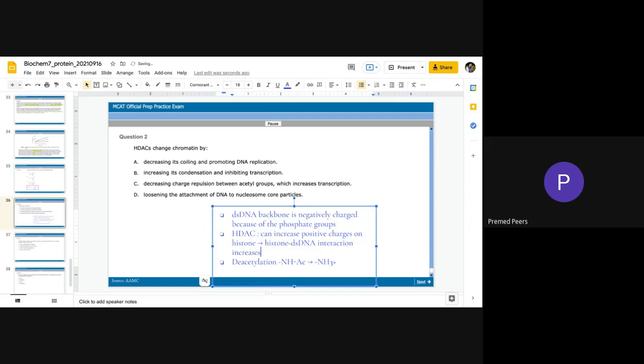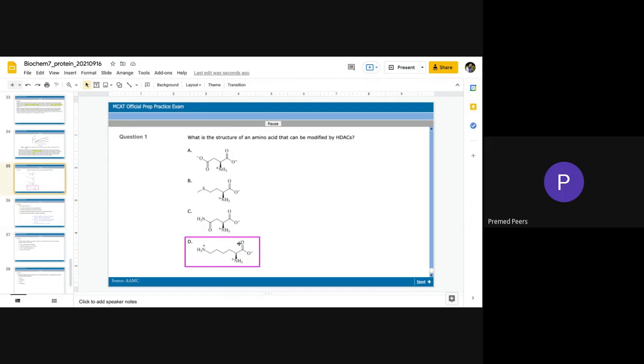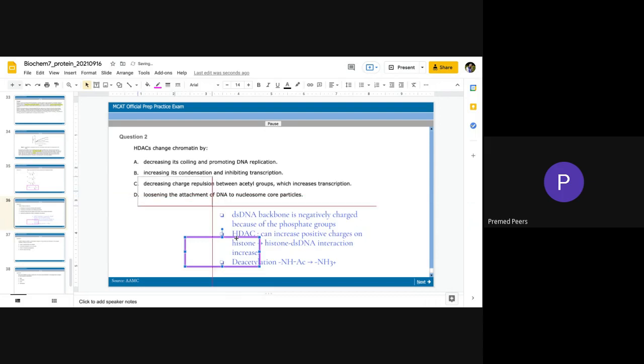When they have a more intimate interaction, that kind of connection will be more difficult to separate, leaving us with answer B, which says they're increasing the condensation, allowing the histone to wrap more tightly around the double-stranded DNA. And when that interaction is really tight, how can the transcription enzymes come along? That is not possible. So that's why answer B would be our correct answer.